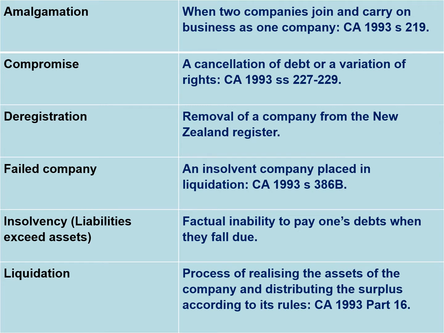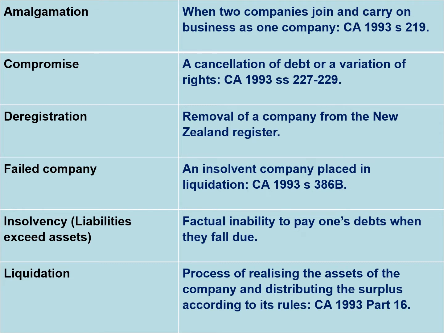A failed company is an insolvent company placed in liquidation, and you can read about that in the Companies Act of 1993, section 386B. Insolvency is when your liabilities exceed your assets. It's a factual inability to pay one's debts when they fall due. That's a nice definition.